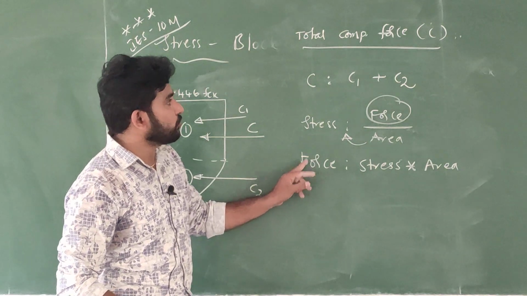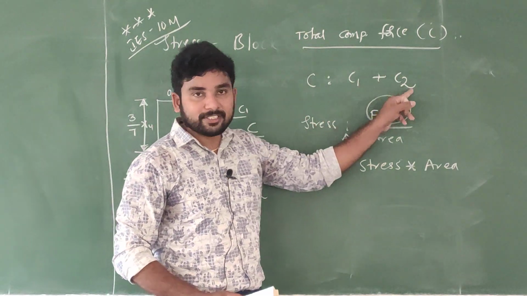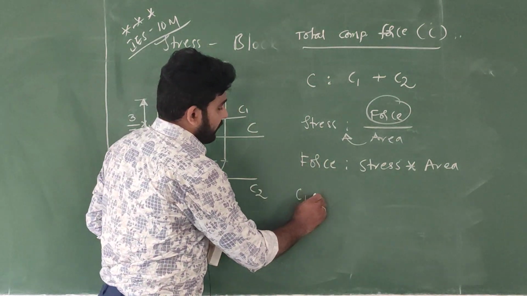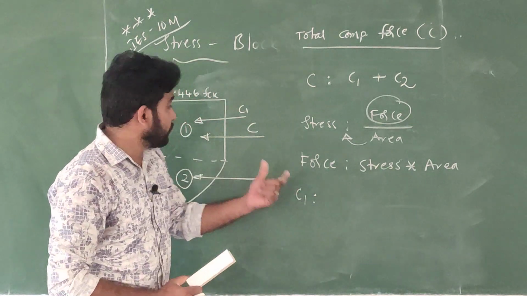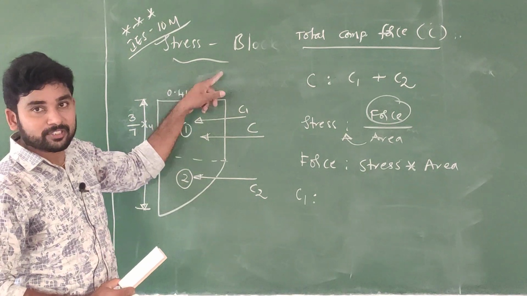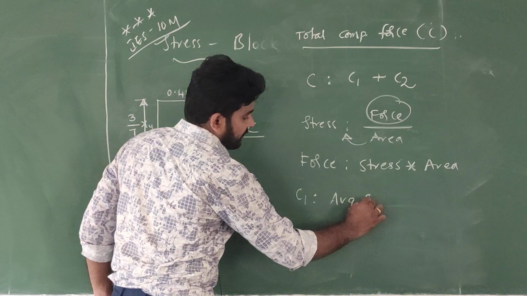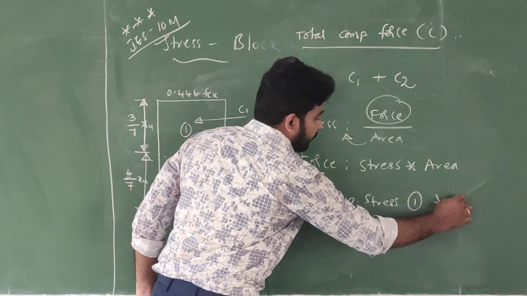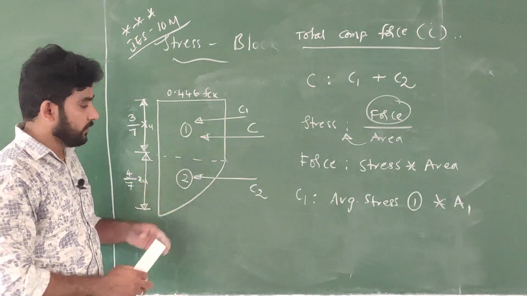Now our aim is to find the compressive force in 2 parts, C1 and C2. C1, the compressive force, equals the average stress, which is this stress 0.446 FCK, into A1, which is this portion.